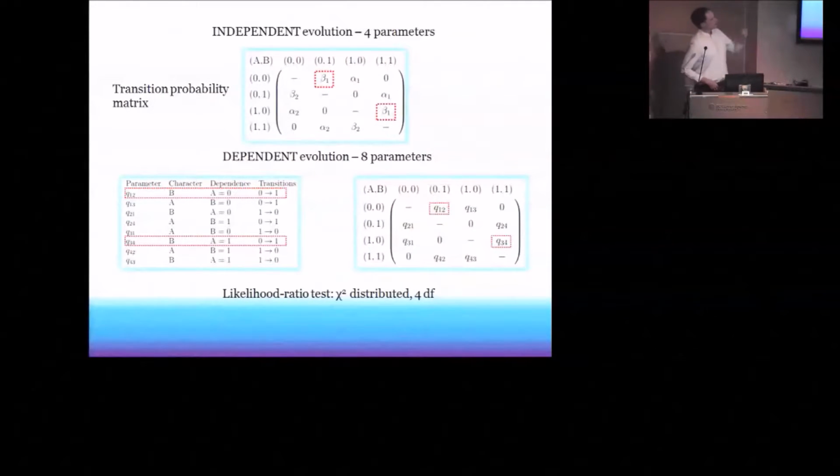And so these are the models, and this is as mathy as I'm going to get because I'm a biologist, not a real computer scientist, but the basic idea here is that we have our two models. In the independent model, we have 4 parameters. Okay? So we have two things that we're looking at, two traits, so we get two genes, right? And so gene 1 can go from absent to present, or present to absent, as we think about its process along a phylogenetic tree.